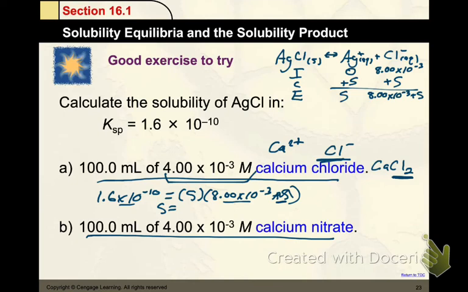Either way, here I'm going to say 1.6 times 10 to the minus 10 in my calculator, divided by 8.00 times 10 to the minus 3.